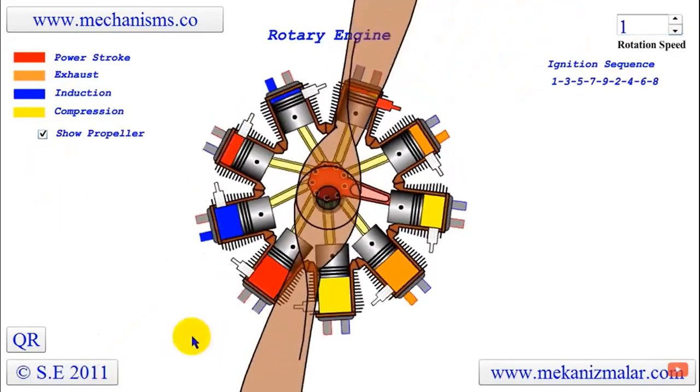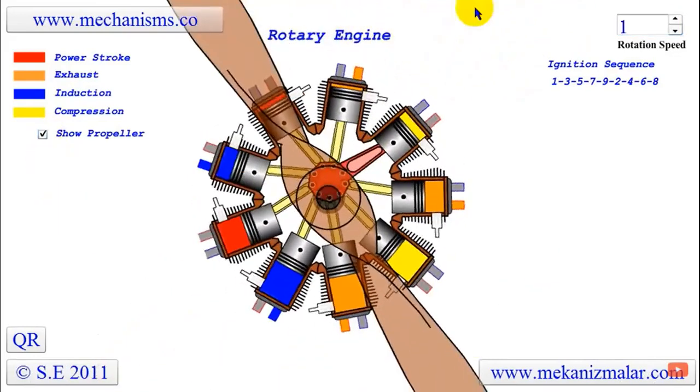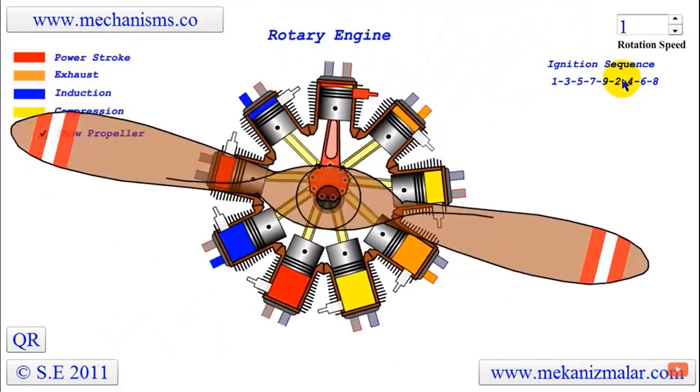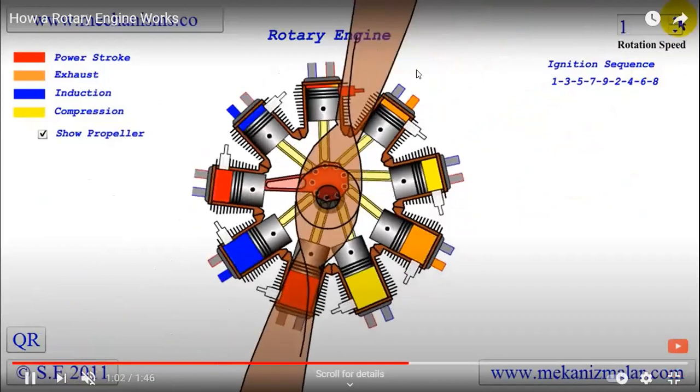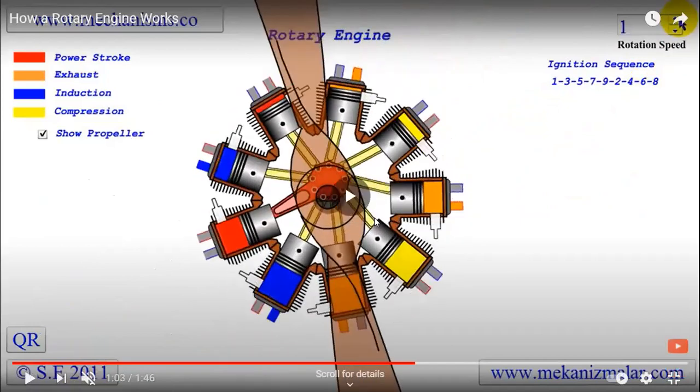So that is the working of the internal rotary engine, which is attached to the aeroplane front part.